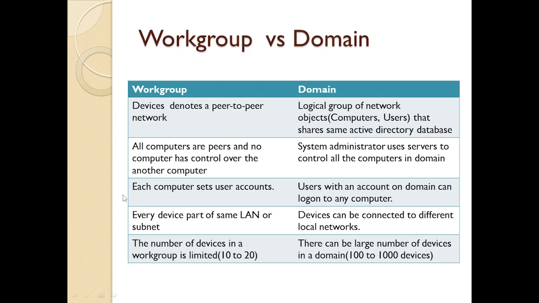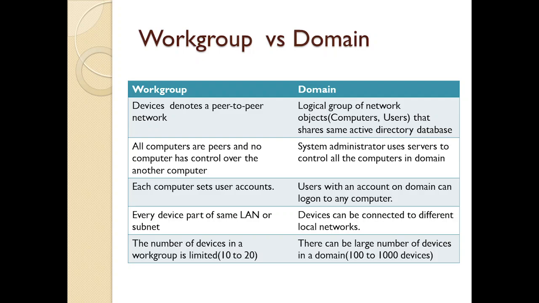And coming to the third point, each computer has their own user accounts. Whereas coming to the domain model, users with an account can log into any computer. For example, in any office you are working, the administrator will create one account for you.